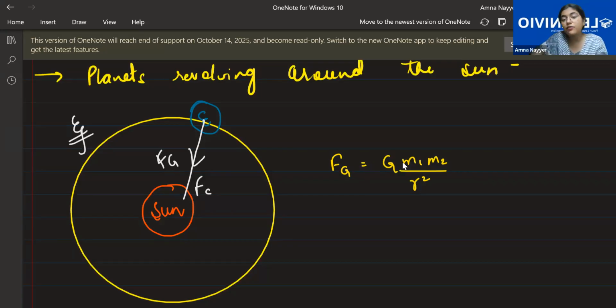This is the formula of the gravitational pull of the sun on the earth. Now, the sun exerts the gravitational force along the radial path and towards the center. So if it is acting along the radius and towards the center, and a complete circular motion is also existing, this gravitational force will provide the necessary required centripetal force.